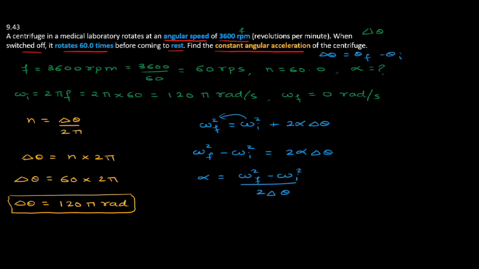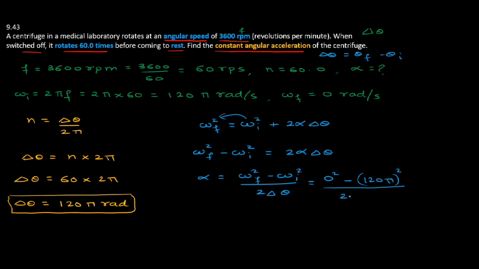Now we will substitute the values to get alpha. You can substitute in the first equation here as well and do shift solve to get your answer. Or you can rearrange and write it in this format to find the final answer. So we substitute omega final is 0. Omega initial is 120 pi. We take the square of this.